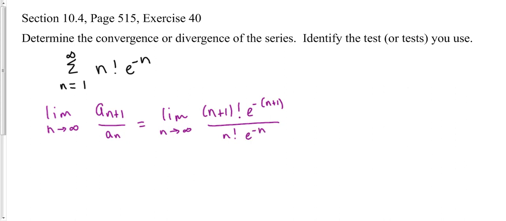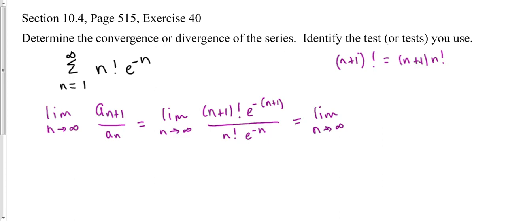Now, what almost always happens when I use the ratio test is I can do some simplification. I can do some canceling. So let's look at that. I'm going to have the limit as n goes to infinity. Now, as we saw in a previous example, n plus 1 factorial is equal to n plus 1 times n factorial.